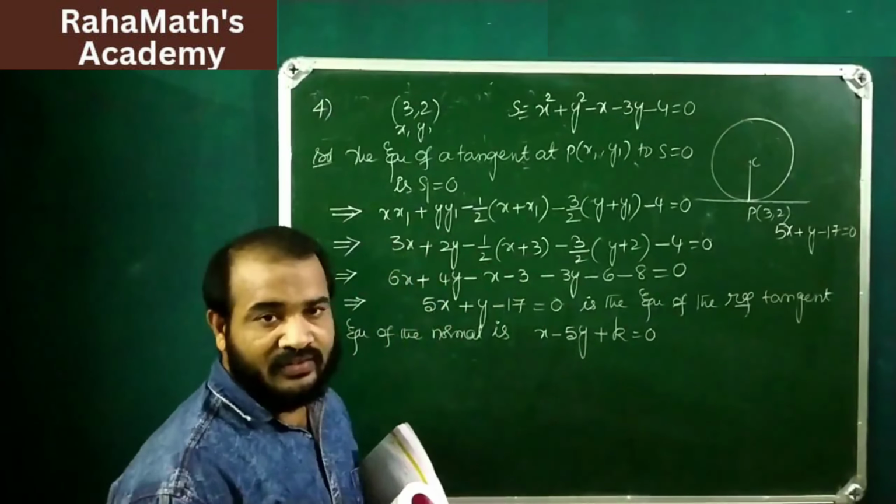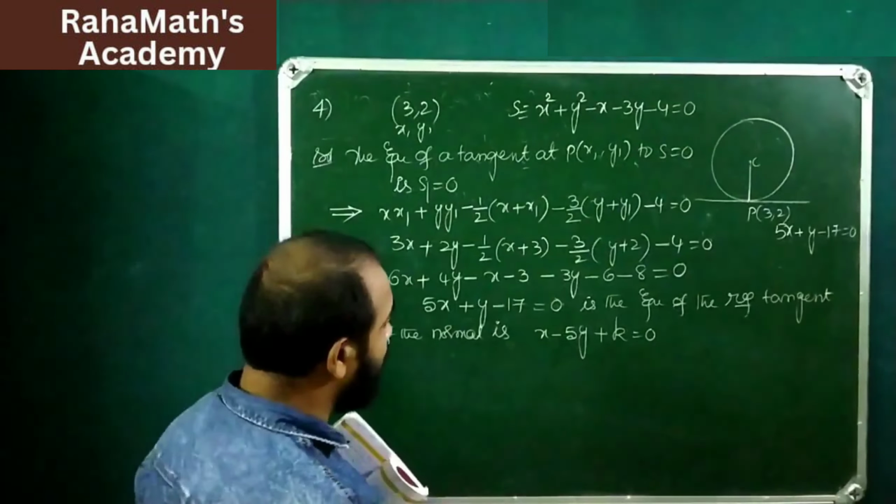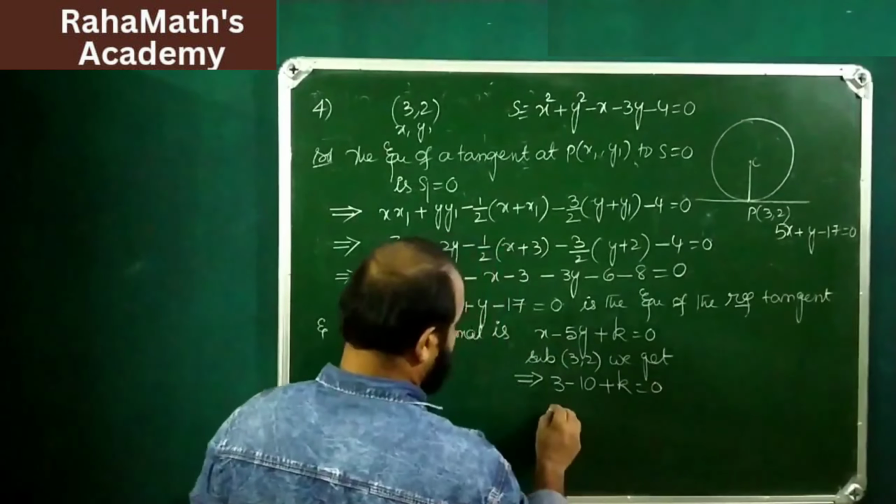In first year we have done this in the straight lines. So since this normal is passing through 3 comma 2, substituting 3 comma 2, we get 3 minus 5 into 2, 10, plus k equals 0.